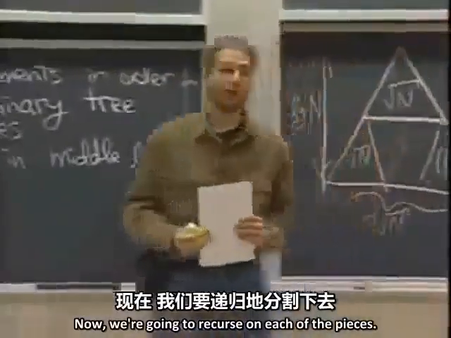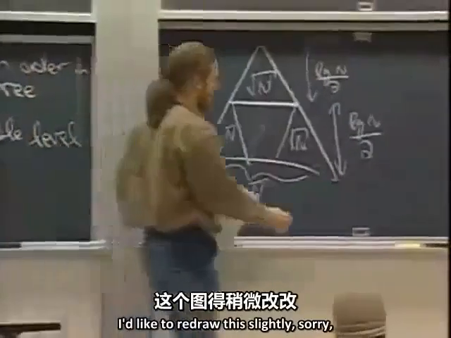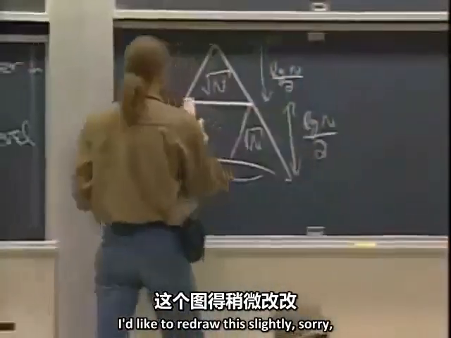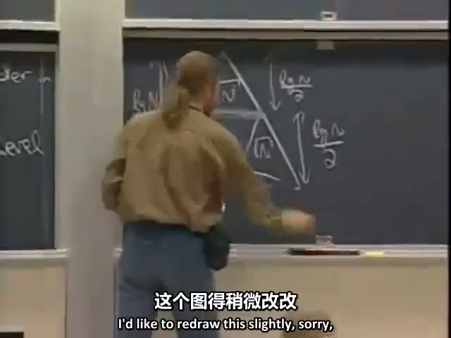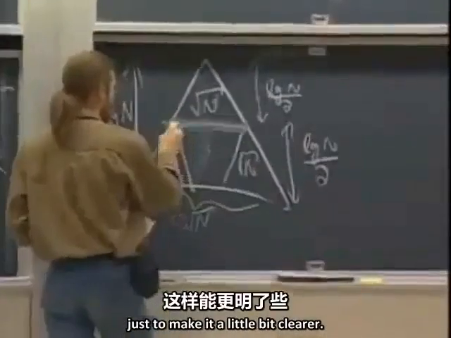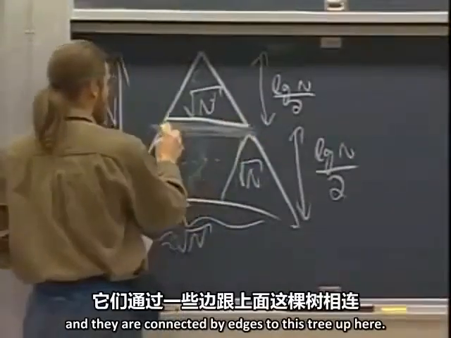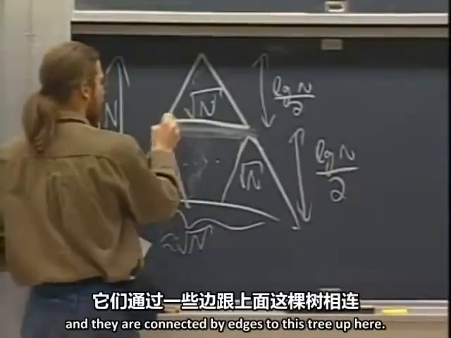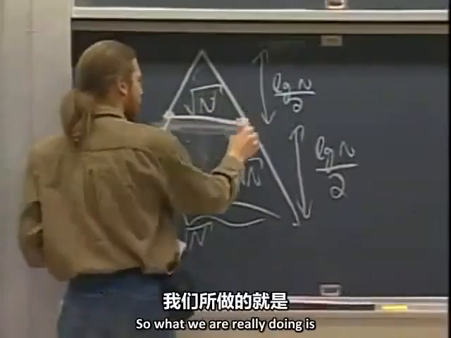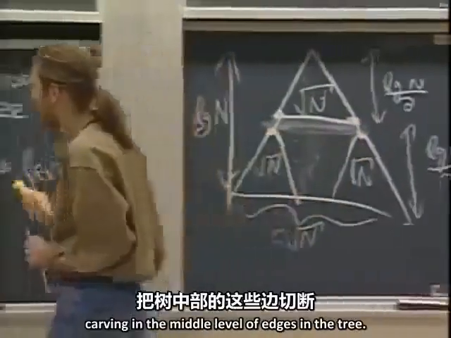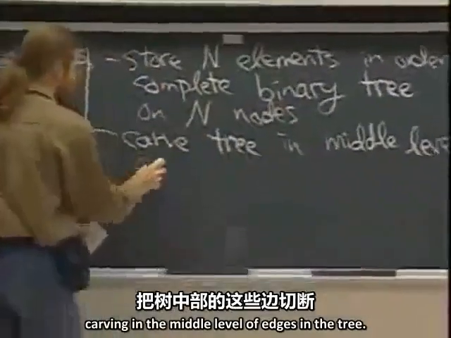Now we're going to recurse on each of the pieces. I'd like to redraw this slightly, just to make it a little bit clearer. These triangles are really trees, and they're connected via edges to this tree up here. So what we're really doing is carving in the middle level of edges in the tree.